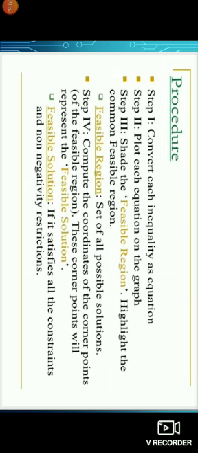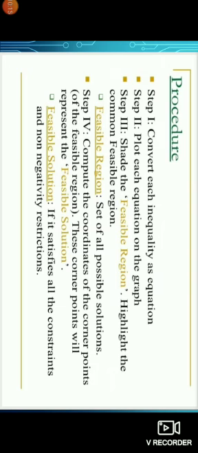The feasible region obtained in step 2 may be bounded or unbounded. See whether your problem is bounded or unbounded. Compute the coordinates of all the corner points of the feasible region.